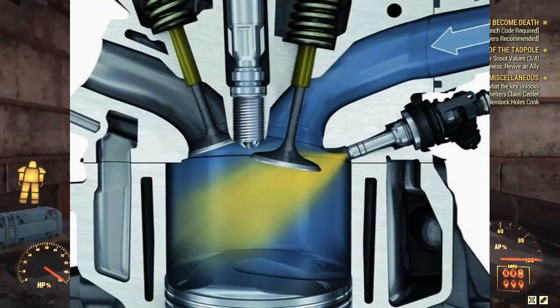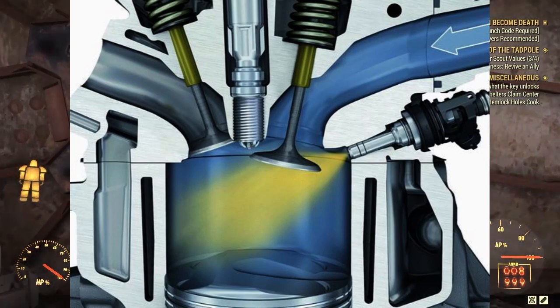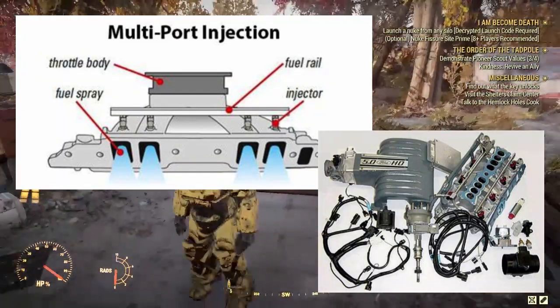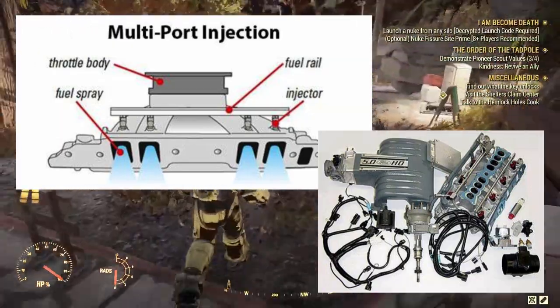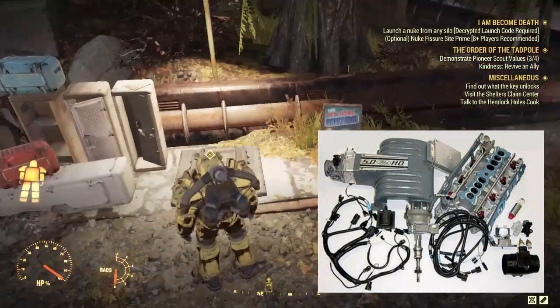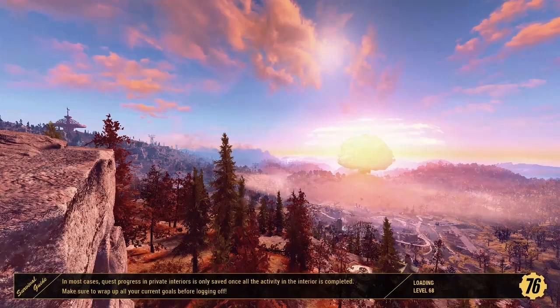Most of those systems would be port injection. Now I do have to clarify that there are different ways to get fuel into the combustion chamber. That is what they're talking about.